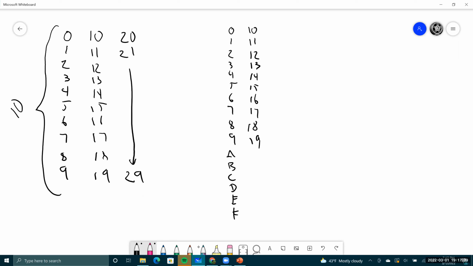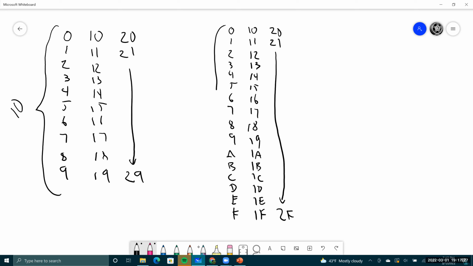And then after 19, it's 1A, 1B, 1C, 1D, 1E, and 1F. What's after 1F? It goes to 20, 21, and then all the way down to 2F. Okay, so the reason it's called hex is because each one of these columns has 16 values. All right, does everyone see that?